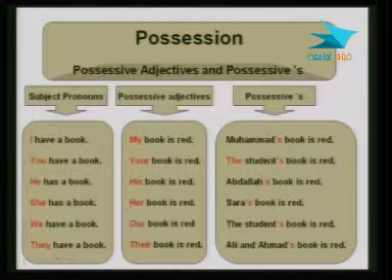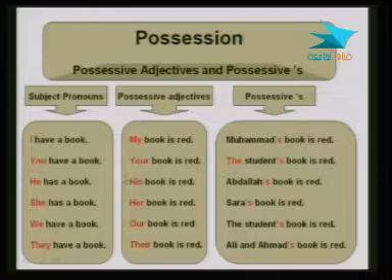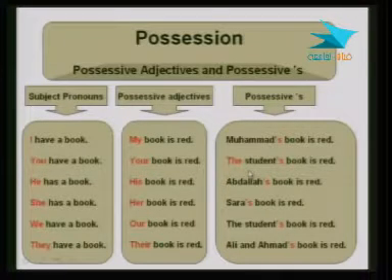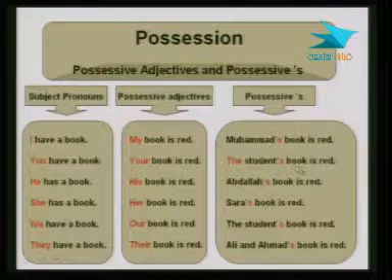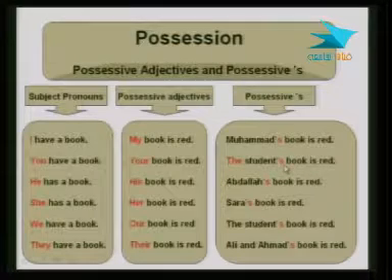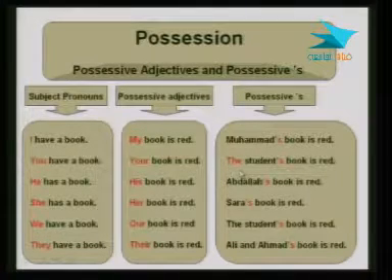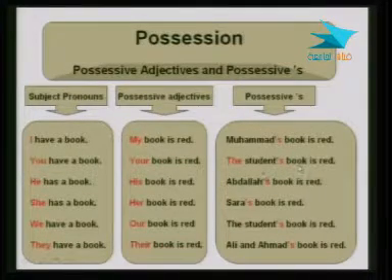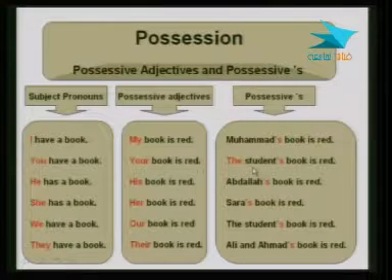You have a book, your book is red, all right? Now, you are a student. The student's book is red. We also use this S with apostrophe to indicate that the book belongs to the student.